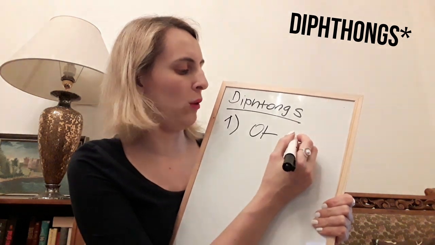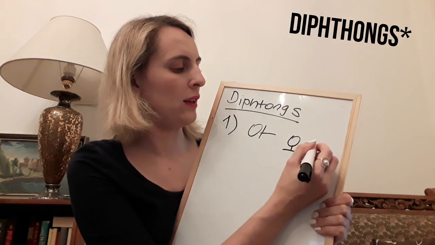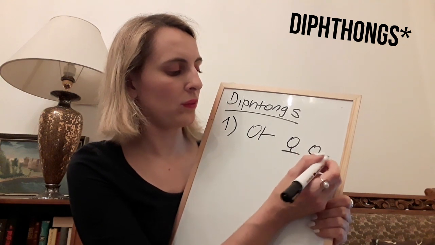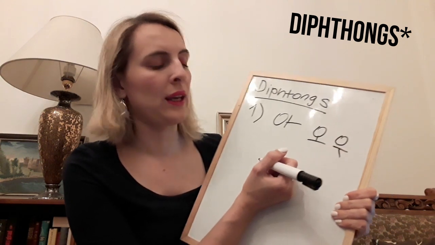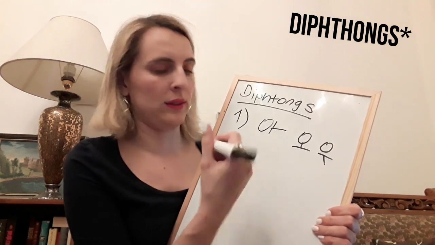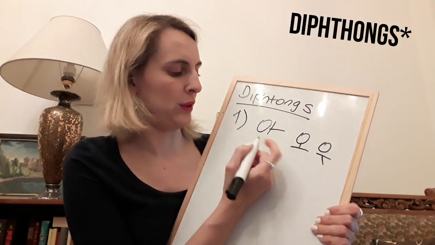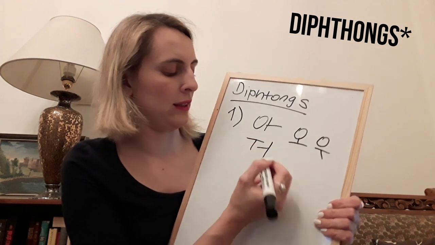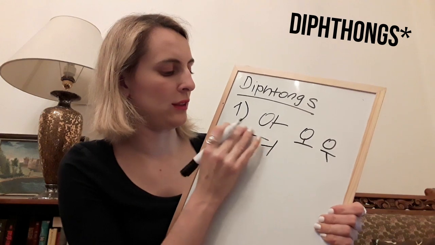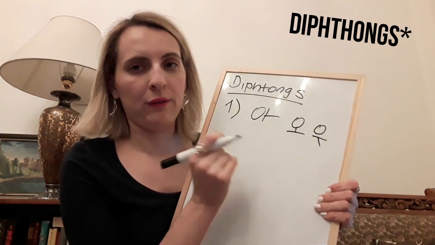So we have all those vowels, and diphthongs are also written with those, because this is a vowel, so we can write it like this all alone, but we need a consonant before this.